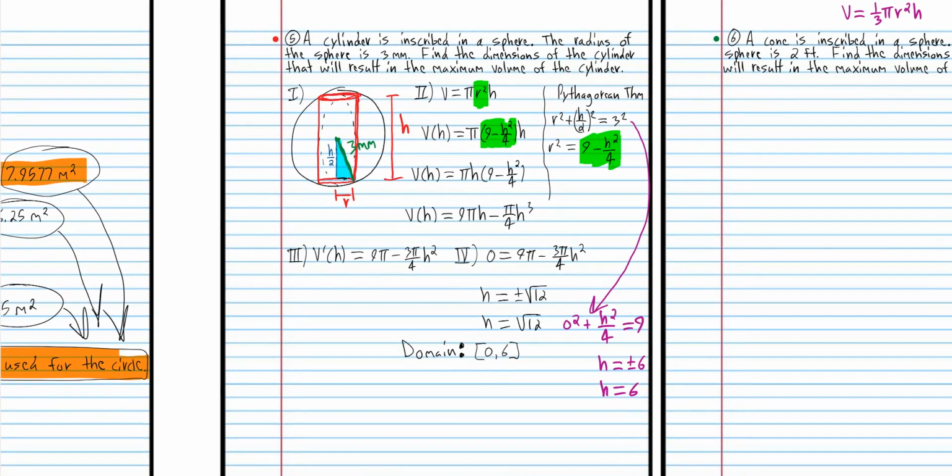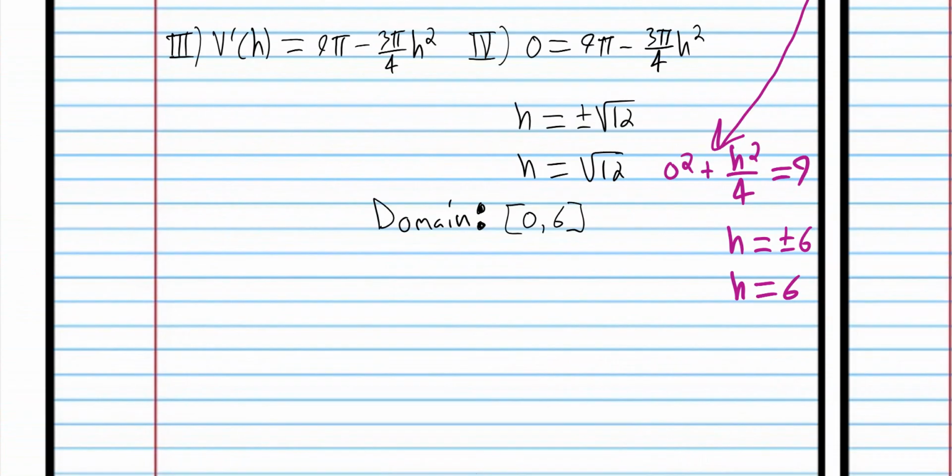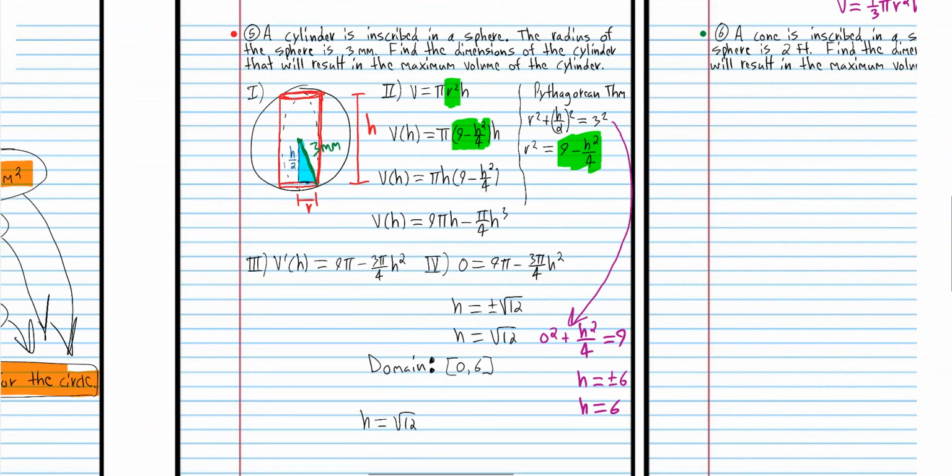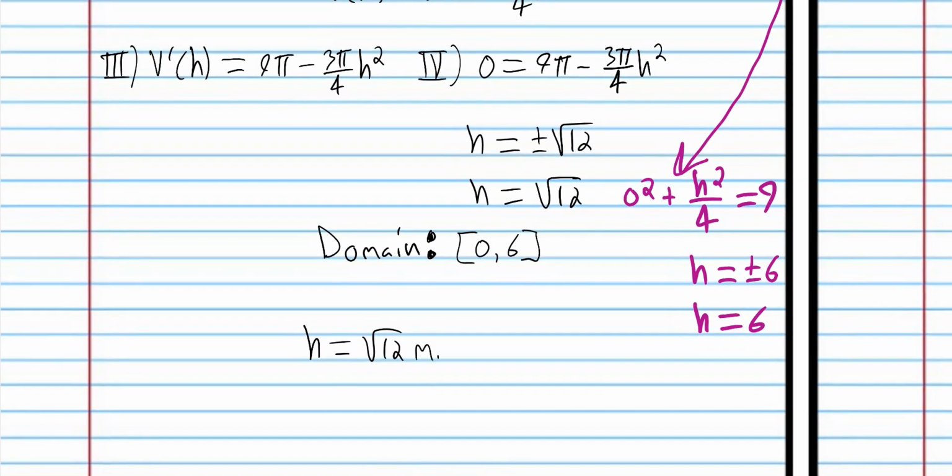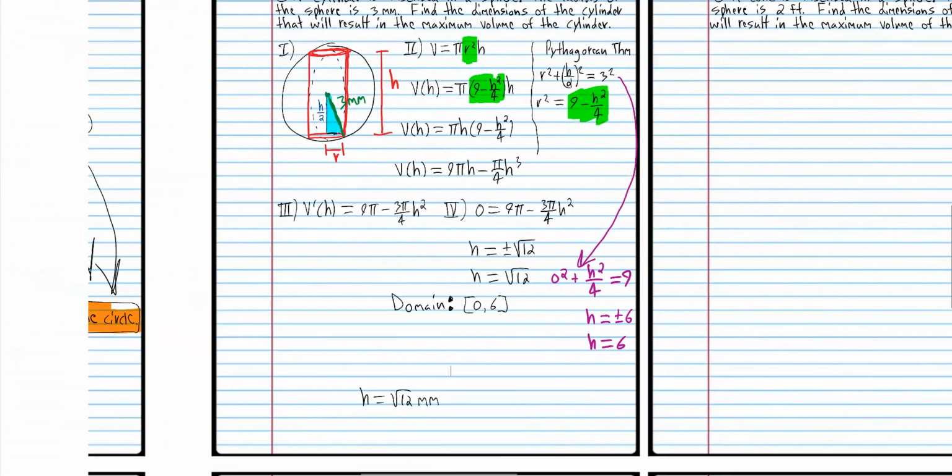So it says find the dimensions of the cylinder that will result in the maximum volume. So we already have root 12. So h is equal to root 12 millimeters. That's the height of the cylinder.